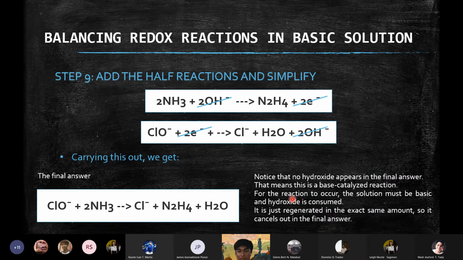So I will reiterate: we need to neutralize the H plus in the chemical reaction because this is in basic solution, and basic solution must have a base catalyzed reaction. For the reaction to occur, the solution must be basic, and hydroxide is consumed, but it is just regenerated in the exact same amount, so it cancels out in the final answer.